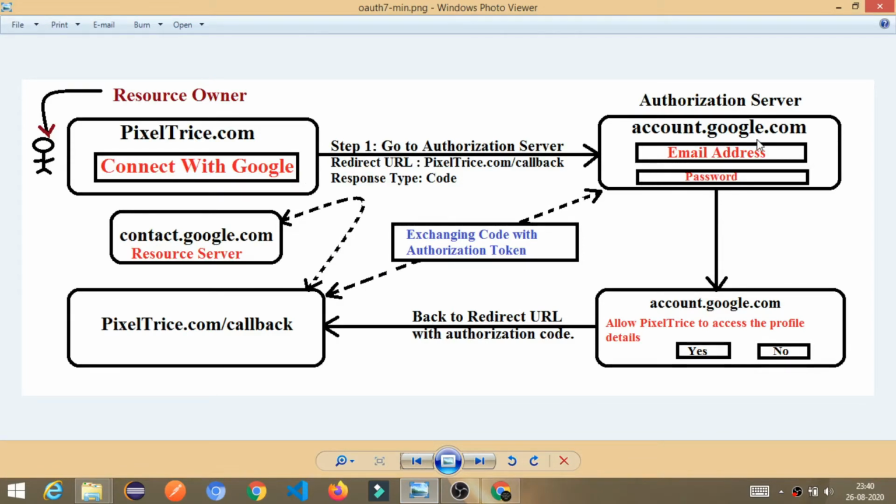Assume that Google has one API. If you call it, that API will give all the contact email addresses stored in Google in the form of a response. That API which gives the email addresses in the response is called the resource server, and the resource server is also here in Google itself.